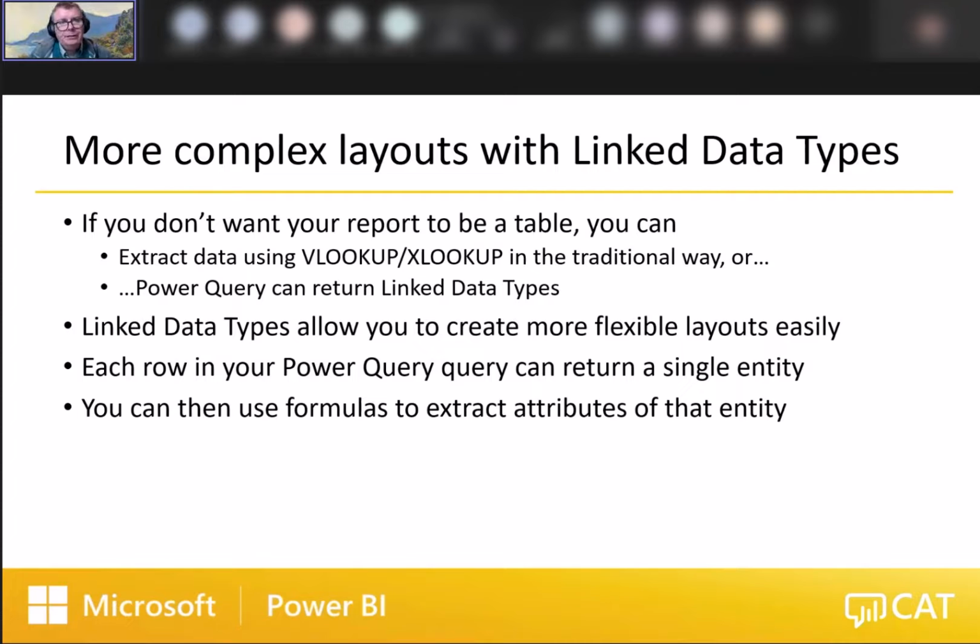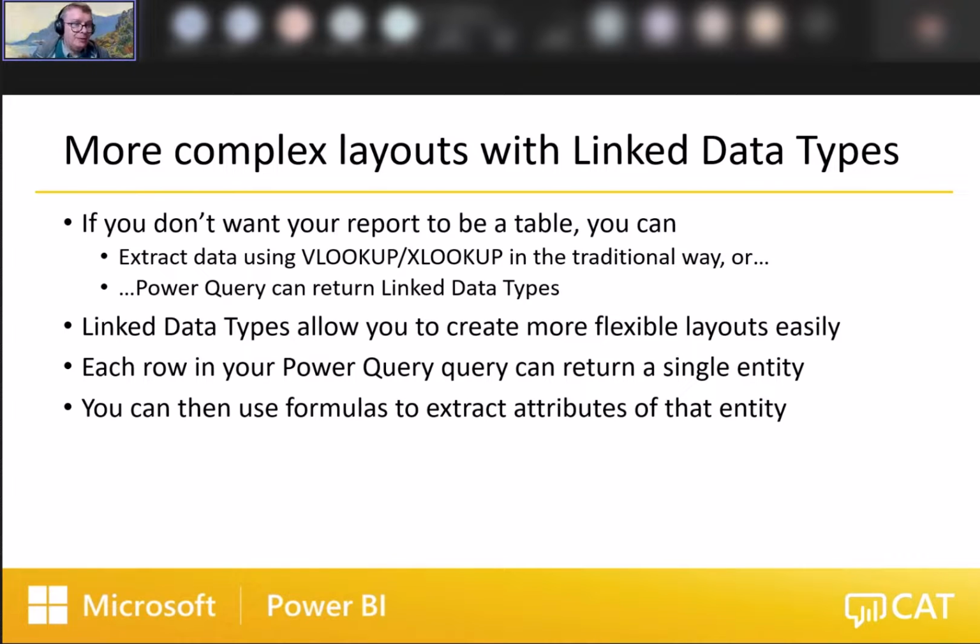Now, moving on, everything we've seen so far has been just getting a simple table of data into Excel. What happens if we want to do something more complex and have a different layout? Well, we have a table of data. We could use VLOOKUP or XLOOKUP to extract the data from the tables and build a more complex layout.